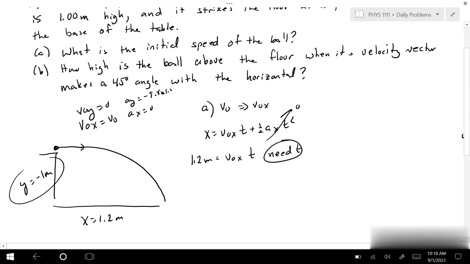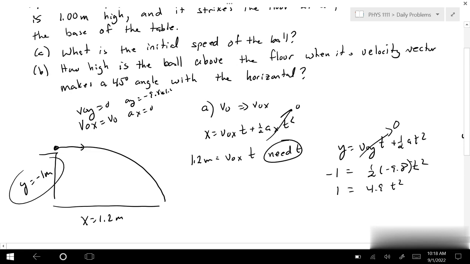So I have to go to my Y equations. I know my Y, and I'm trying to find T, so my best equation is this. And I know my V initial in the Y direction is 0, because it's moving horizontally. So my negative 1 is equal to 1/2 times negative 9.8 times T squared. That means 1 is equal to 4.9 T squared, getting rid of the negatives on both sides.